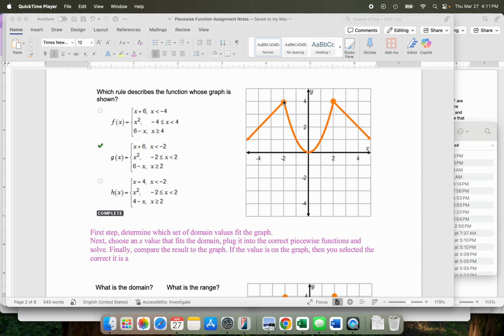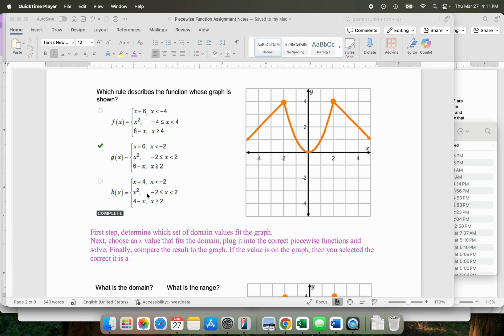So we have, looking at the domain values that fit the graph. And so we found that it's either one of these two spots because it goes from 0 to 4, right?